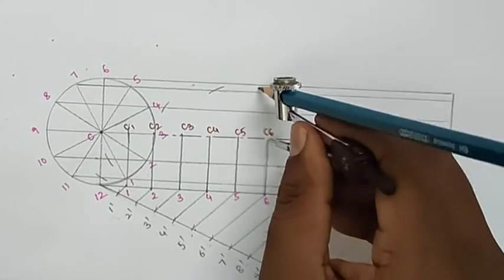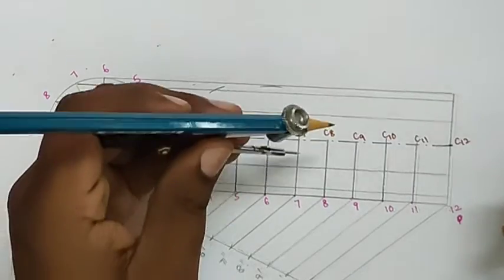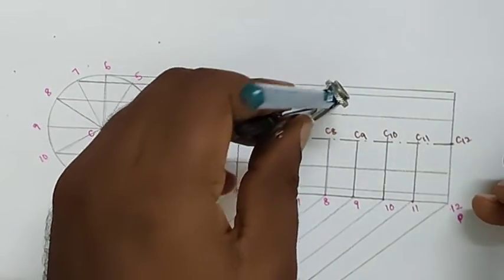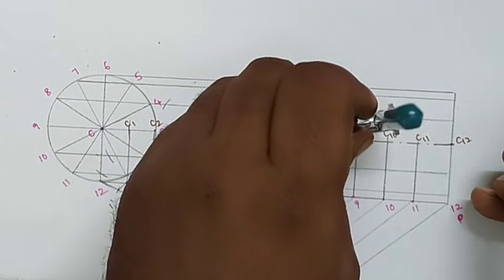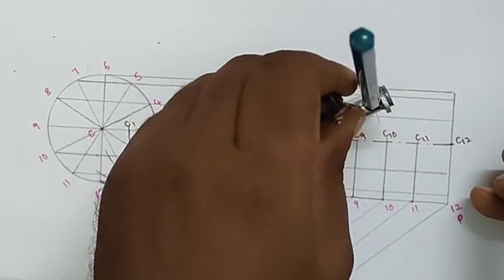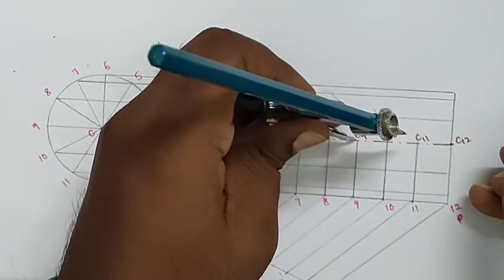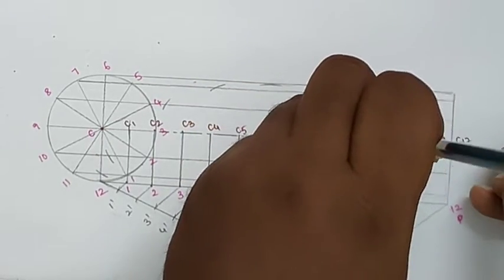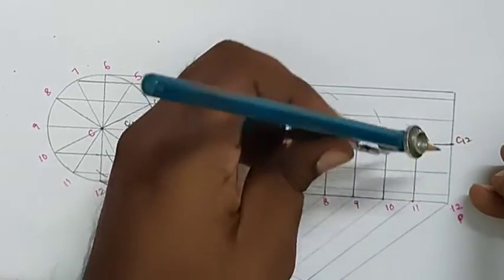From C6, draw the arc on the 6th horizontal line. From C7, draw the arc on again 7 and 5. From C8 as the center, draw the arc on 8 and 4 horizontal line. C9 as center, draw the arc on the locus of center line, because 9 and 3 is on the locus of center line.